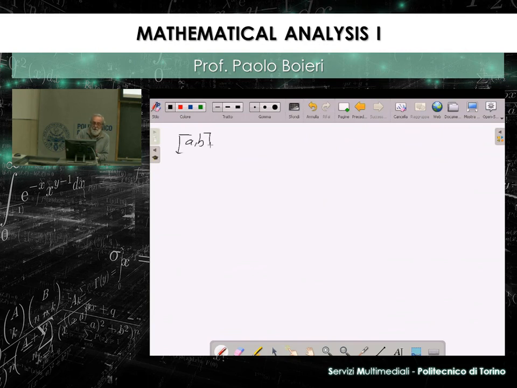Given an interval AB, I consider points x0 and so on with this rule. The first point, x0, will be A. Then I choose x1 bigger than x0, x2 bigger than x1, ending with a point xn that will be B.